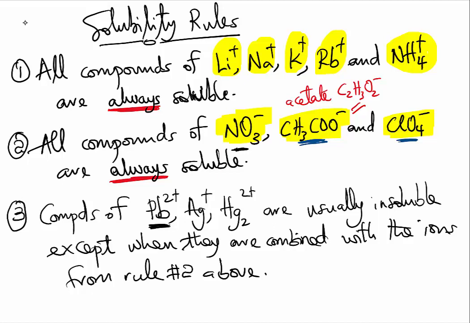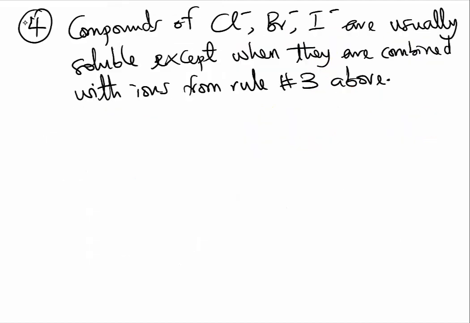So are mercury 1 chloride, mercury 1 bromide, and mercury 1 iodide. So anytime you see chlorine, bromine, or iodine, we can simply conclude that they are soluble except the 3 ions that are in rule 3 above.